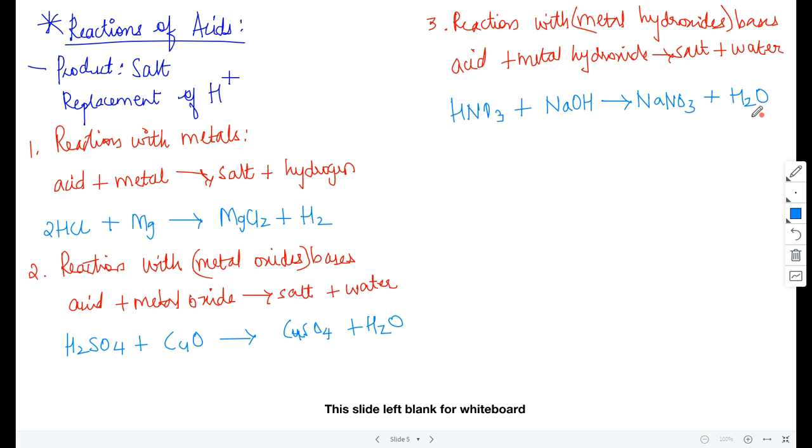Now, check whether this is balanced or not. Yes, they are balanced. Okay, so the third we saw. Moving on, the fourth reaction is reaction with carbonates.